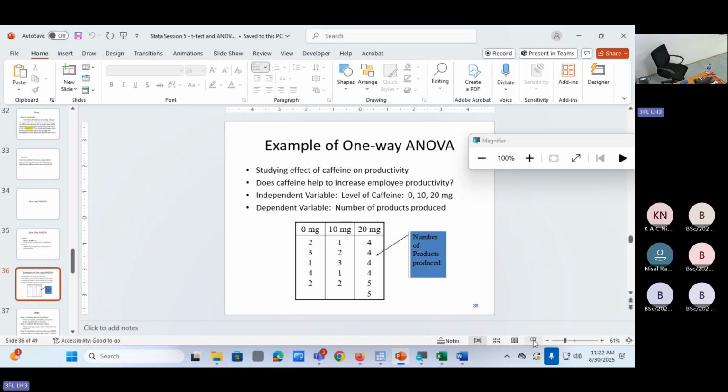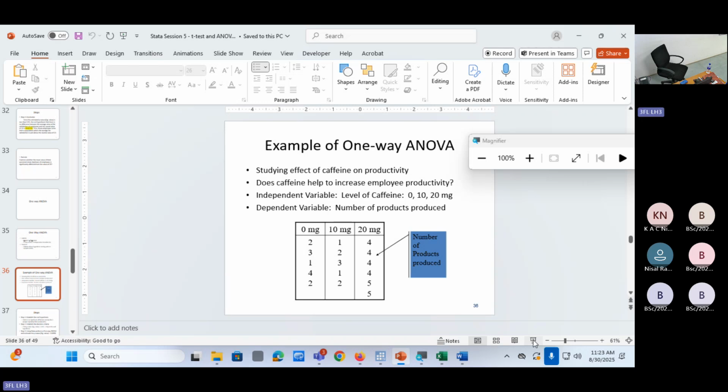So what you can do is perform a one-way analysis of variance. When you have more than 2 groups, please perform a one-way analysis.